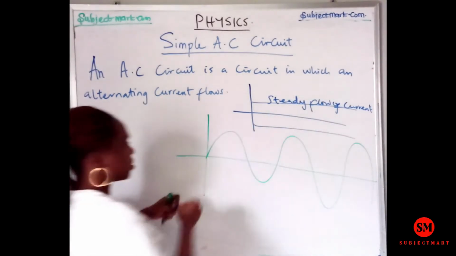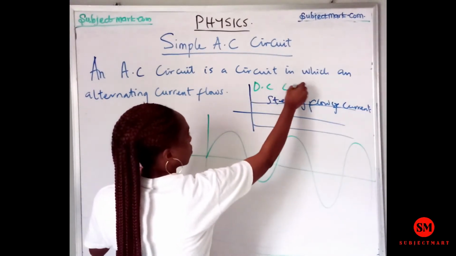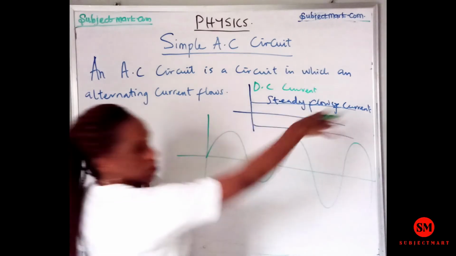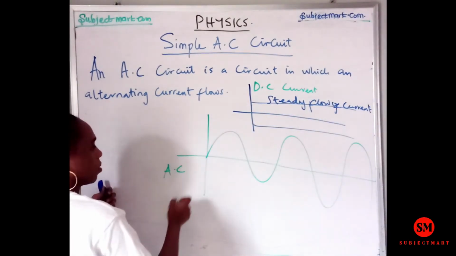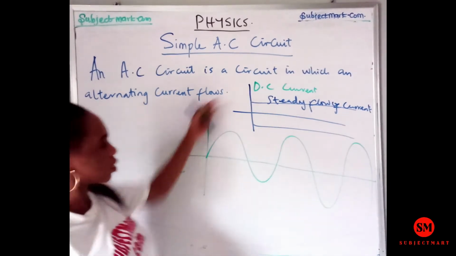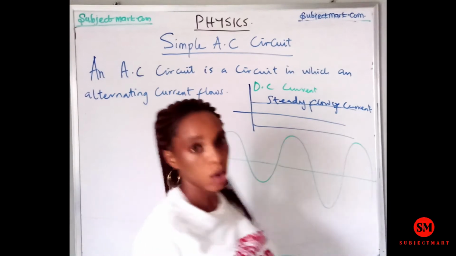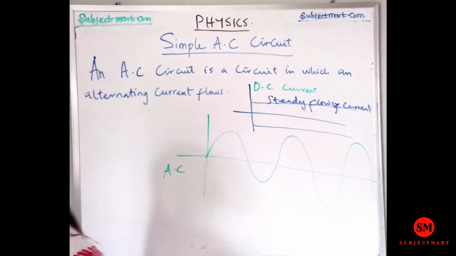This is what a DC current looks like. It's just steady in one direction, while that of AC is sinusoidal. You can see it going up and down like a wave. So that's basically the major difference between AC and DC circuit.